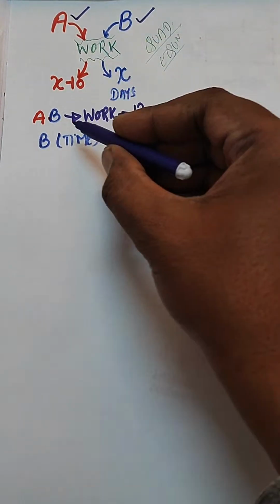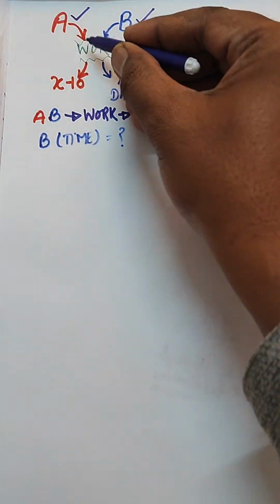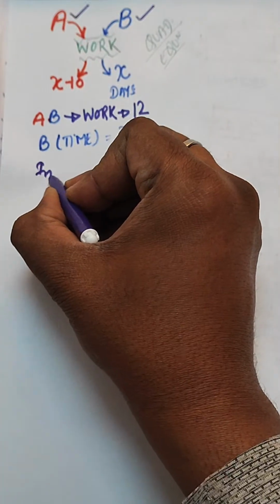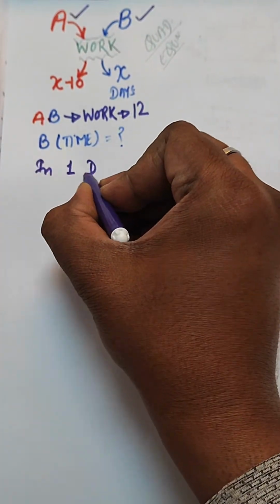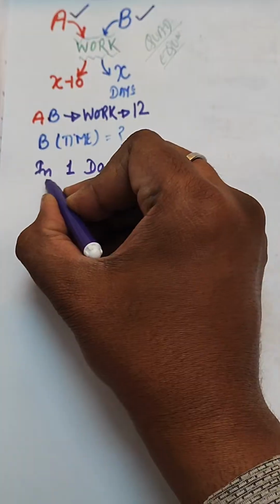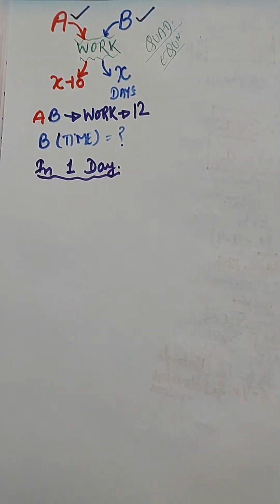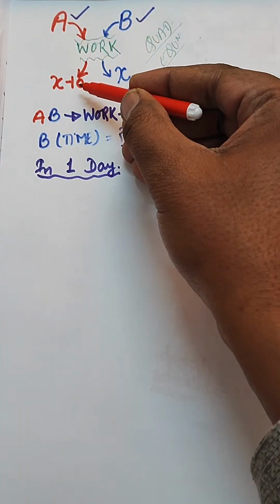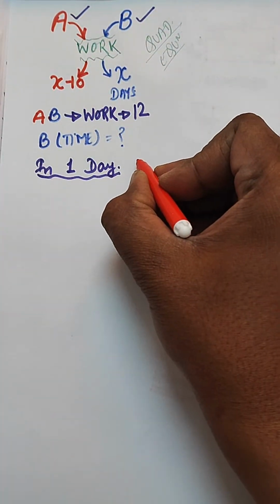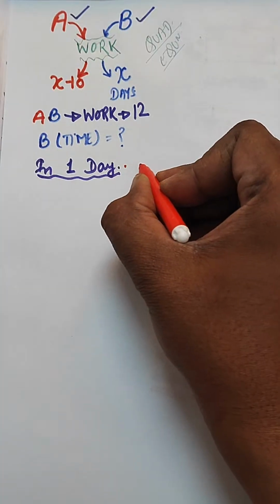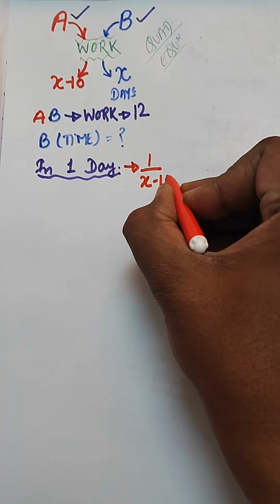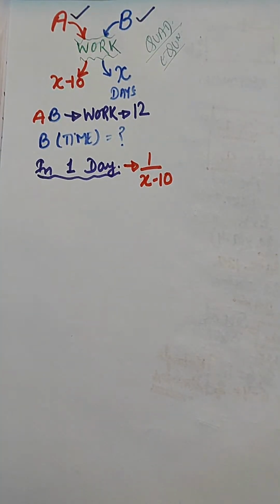Let us say A completes the work in x minus 10 days. Then in one day, how much work does A complete? If A completes the entire work in x minus 10 days, then in one day he completes 1 by x minus 10 of the work, isn't it?